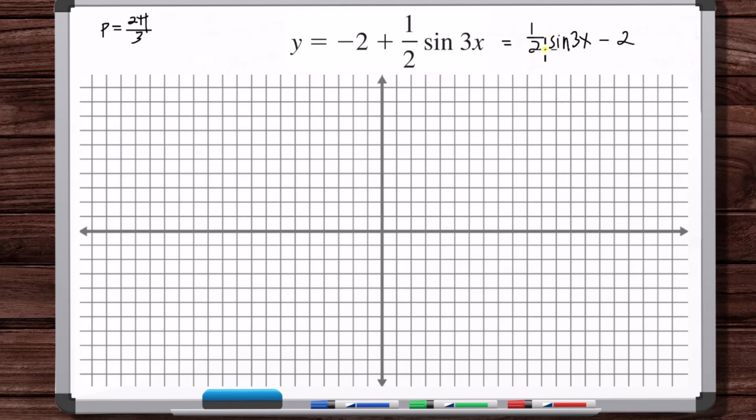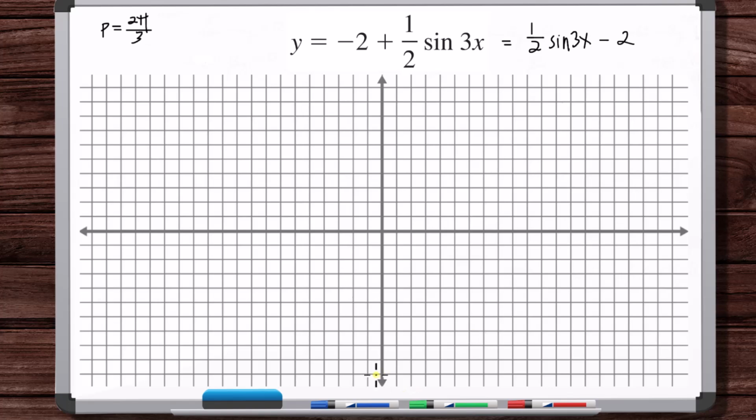And then we've shifted down about the y-axis by 2. So if we shift down 2, and oscillate with an amplitude of 1/2, it's going from minus 2.5 to minus 1.5.